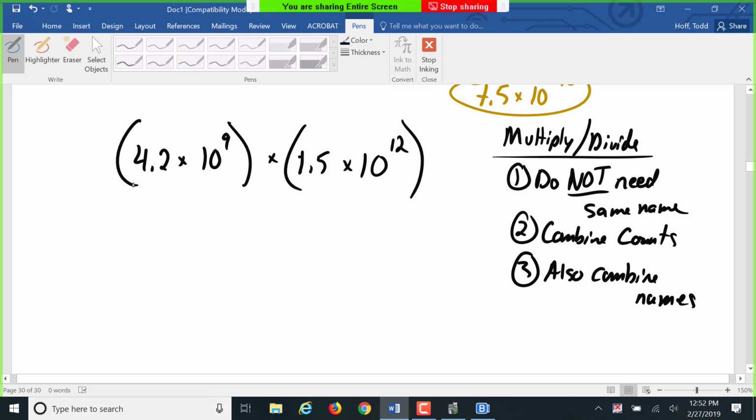So up here, we're going to multiply the 4.2 times the 1.5, which gives us 6.3, but we also combine the names. 10 to the ninth times 10 to the 12th is 10 to the 21. Remember, when we multiply exponents, we add the powers.